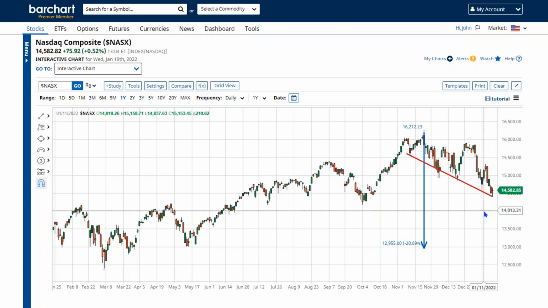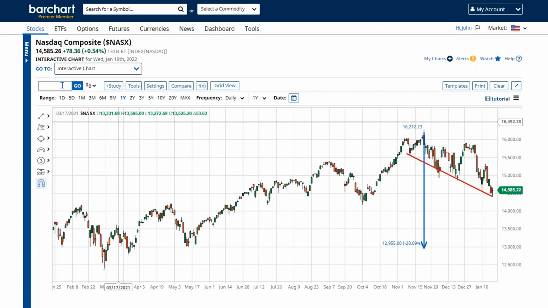So is this the transition from an uptrend to a downtrend? Well, in this picture, it certainly does look like it. Is this a bear market? Maybe not. Maybe this is just a correction inside of a larger bull market.